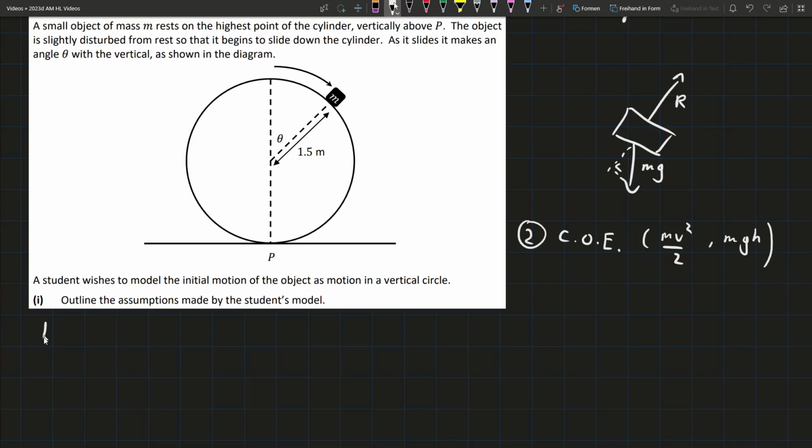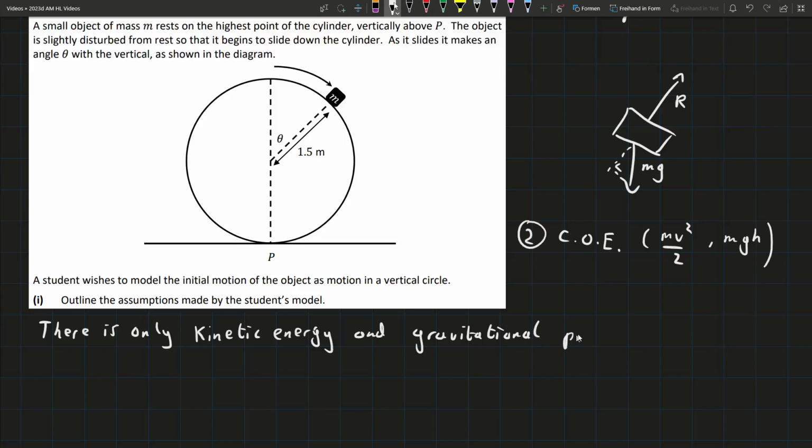So we're assuming that there is only kinetic energy and gravitational potential energy. It's important to say that because potential energy could be like, you know, energy in an elastic string or something.